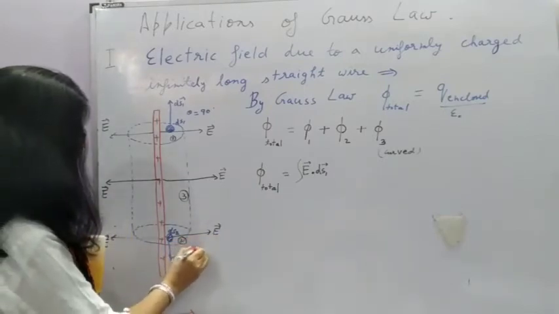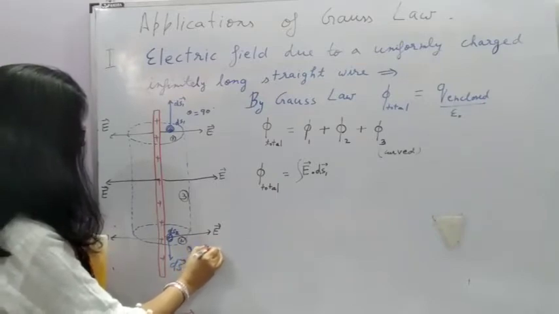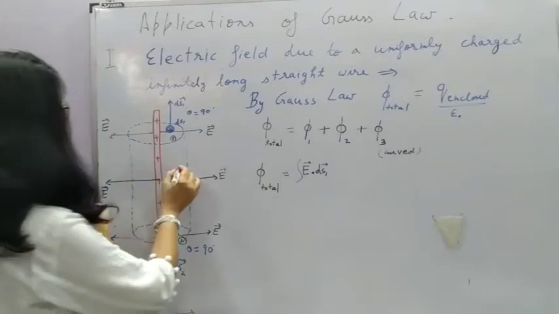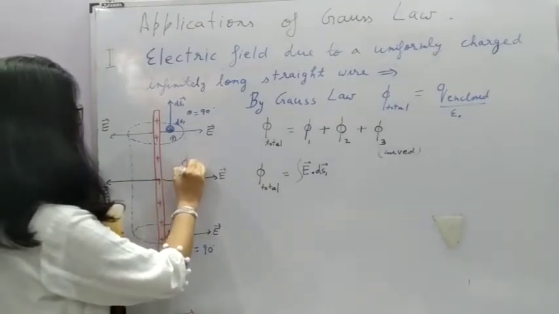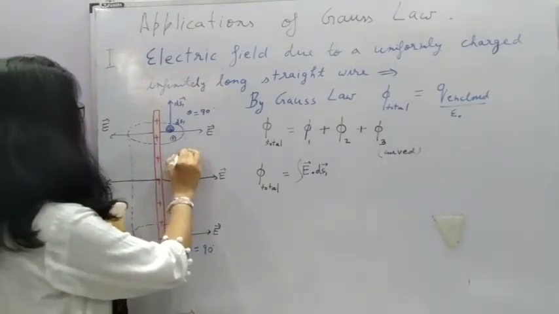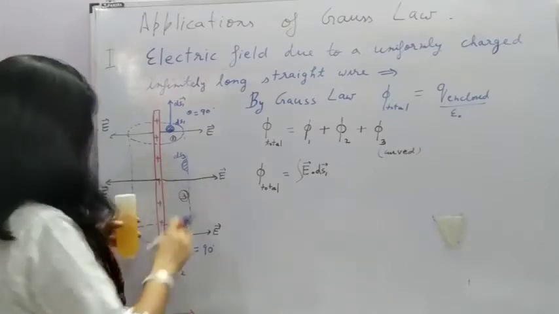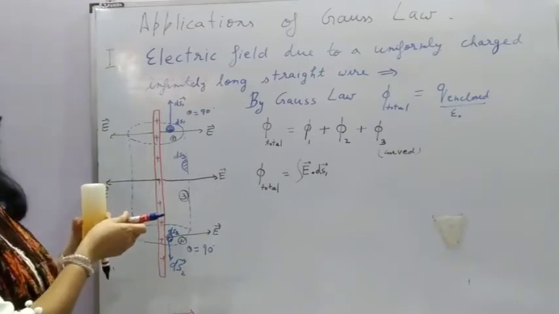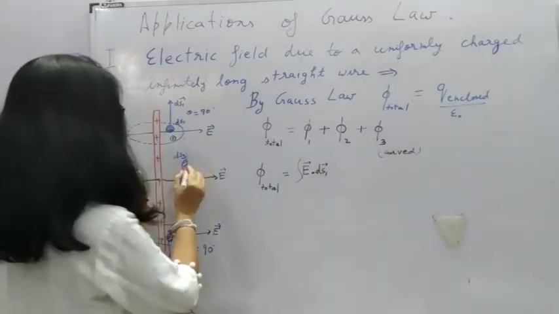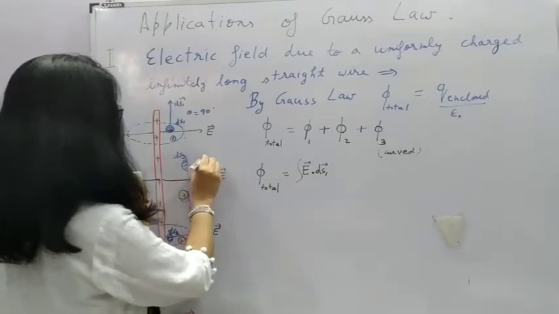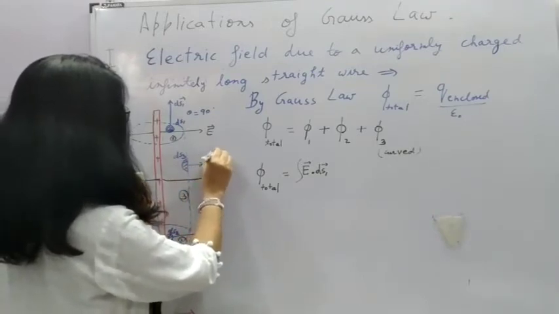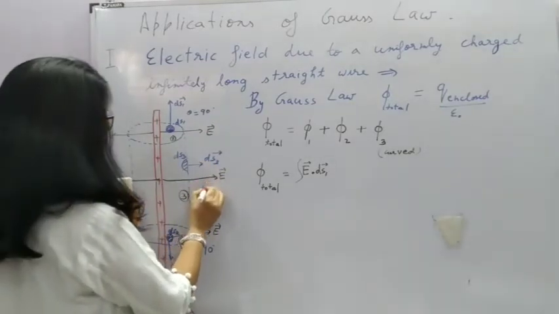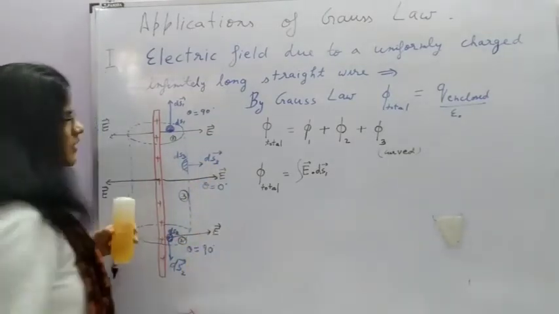So the angle between ds2 and the electric field vector will be 90 degrees. Let's consider a small surface area on the curved surface, ds3. At every point on the curved surface, the area vector will be outwards, so the ds3 vector is this way. Here the angle between ds3 and the electric field is 0 degrees.